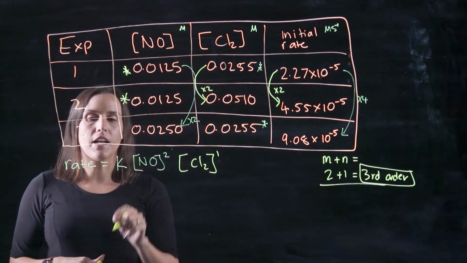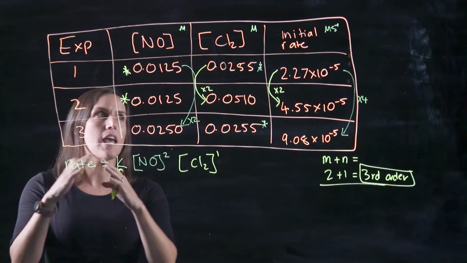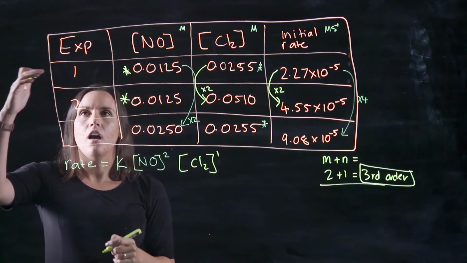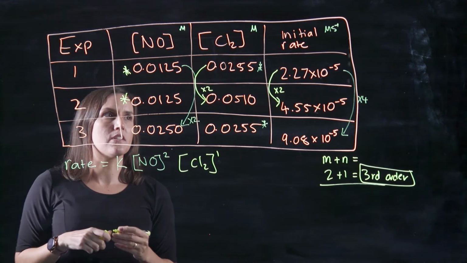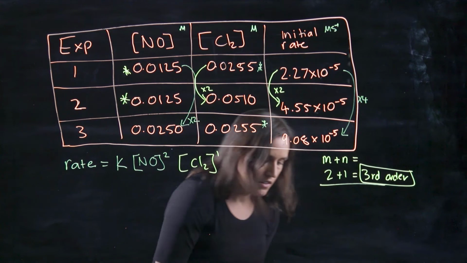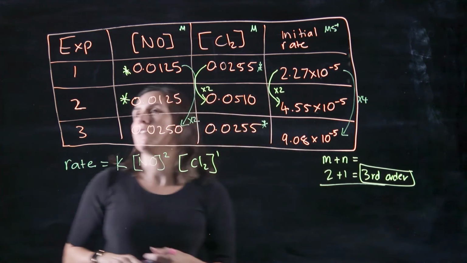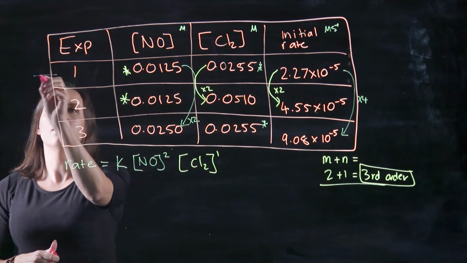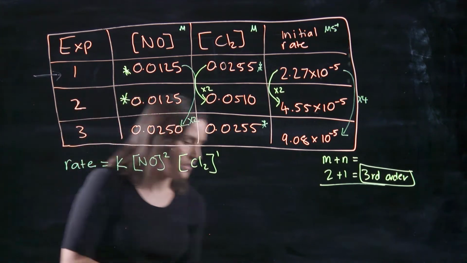So now we can plug in for K. Choosing any of your experiments, I tend to always just choose the first one because it's the first one on the list. So let's choose the first one.